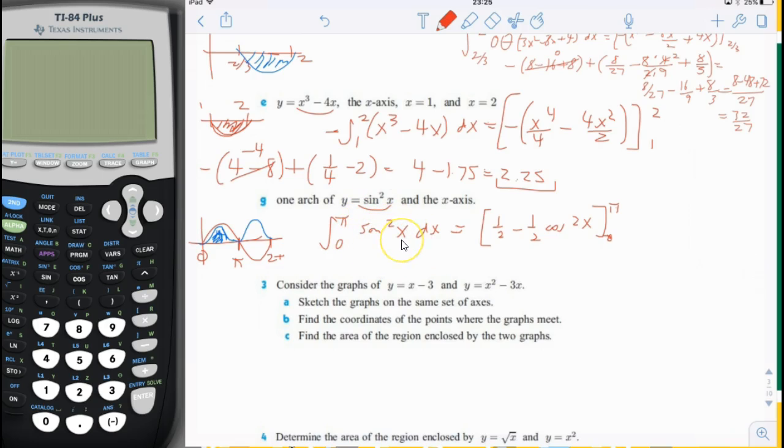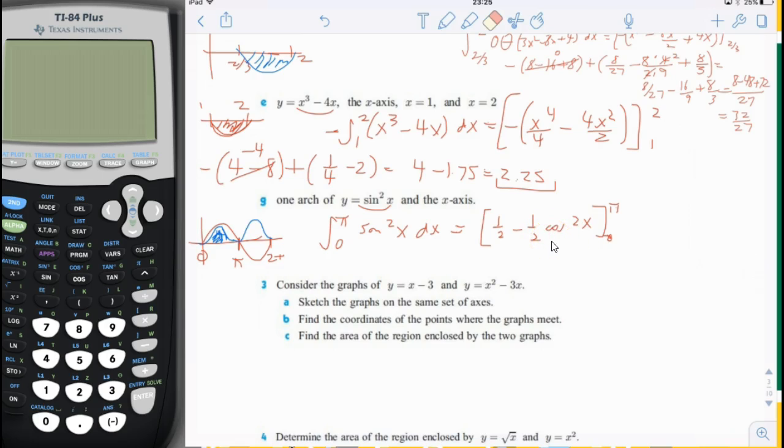It's a little bit too complicated. So what we're going to do is put in the double angle identity. We're going to have 1/2 minus 1/2 cosine 2x, substituted in for sine squared.